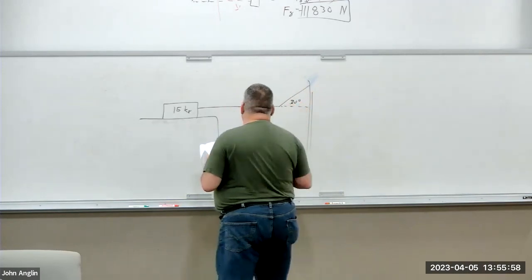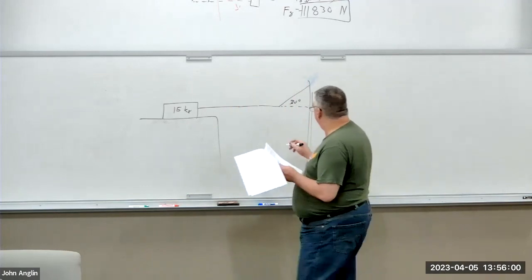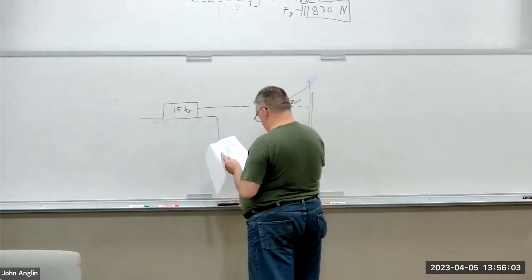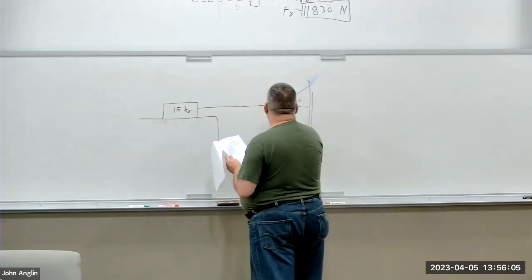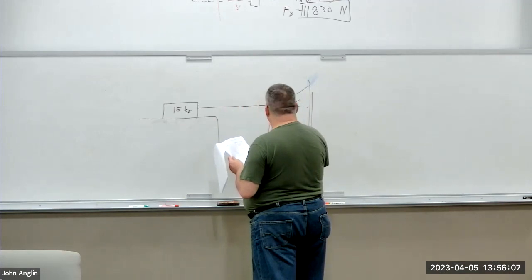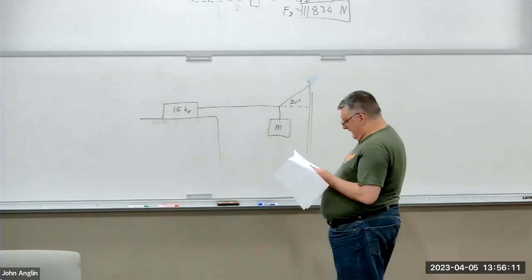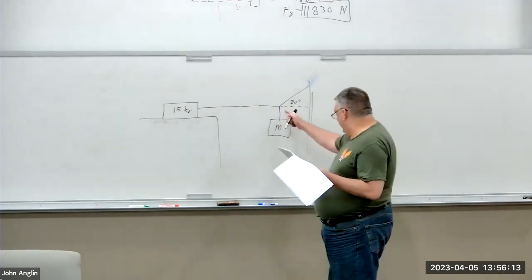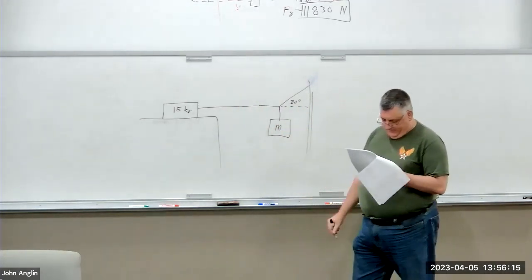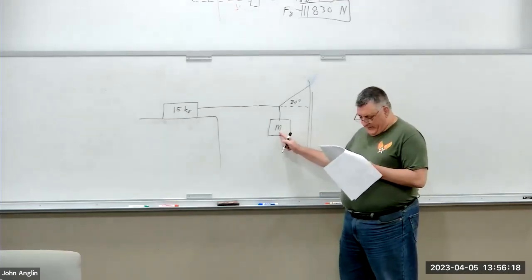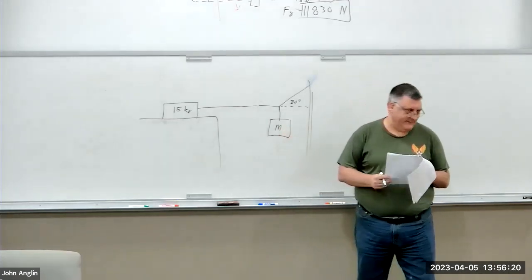Let's say the angle it makes to the wall is 30 degrees. And out here, we have another box of mass M that hangs at this pivot point. And we'd like to know what the mass of the box is.